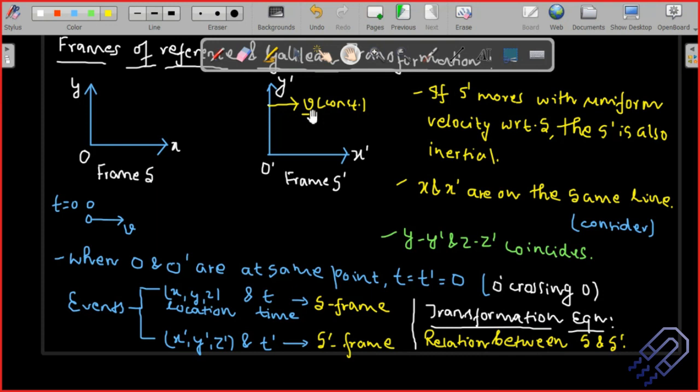So in the next class, we are going to do Galilean transformation and build our ideas more on the special theory of relativity. We are going to see that Newton's laws may be invariant in these kinds of systems, but if we consider Maxwell's equations, an electric field and a magnetic field, Newton's laws might not be invariant.